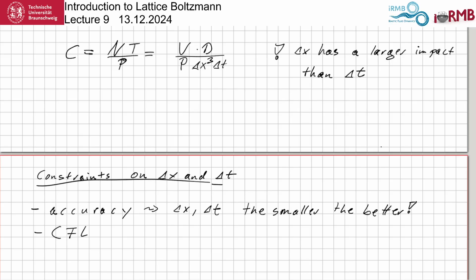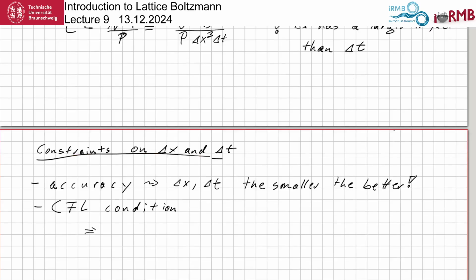And stability, in this kind of methods, is given by the CFL condition. That means there is a maximum speed that we can deal with. So this is a pretty simple thing. The speed, let's call it u here, and we'll take the magnitude of this. This must be smaller than 1 delta x by delta t minus the speed of sound.